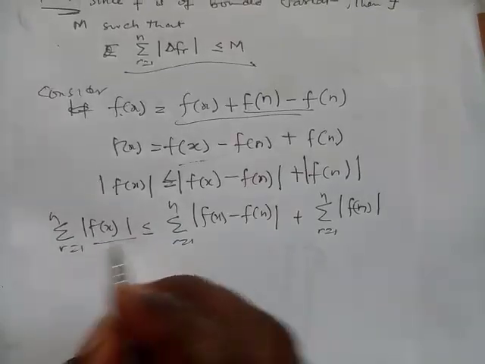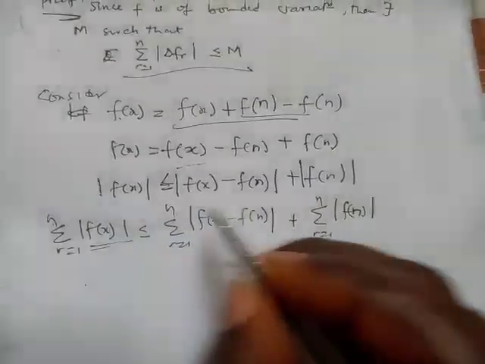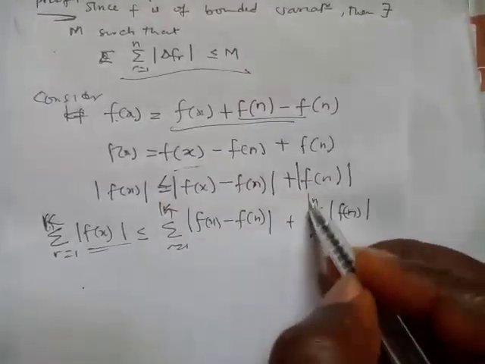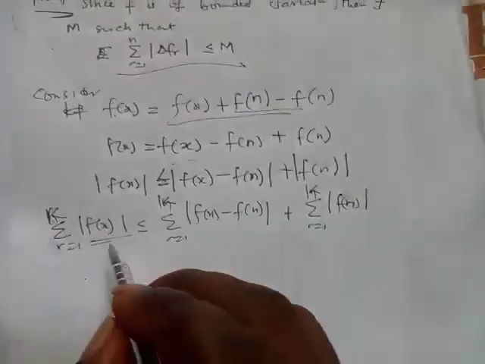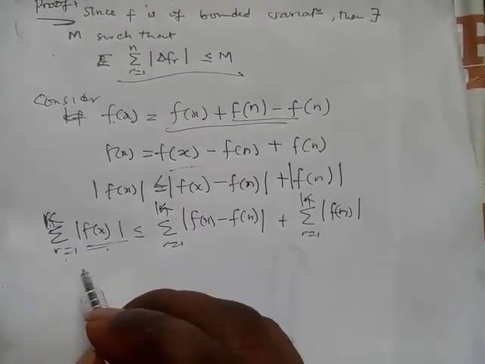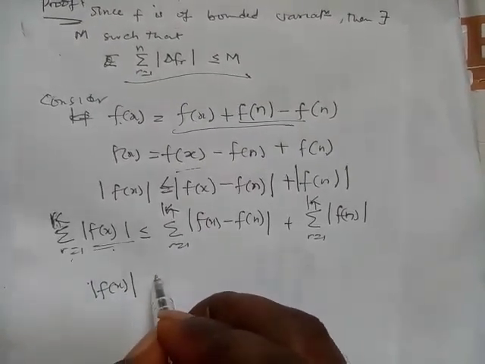So this is independent of n. Let me use k here so that they do not look the same. So this is independent of this r. It's independent of r. So in that case, I can write it as f of x is less than.